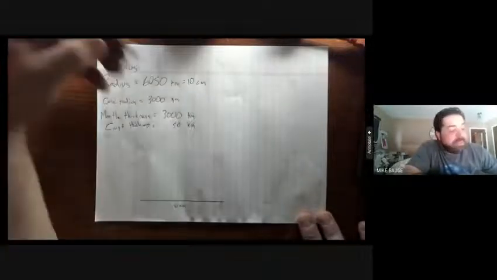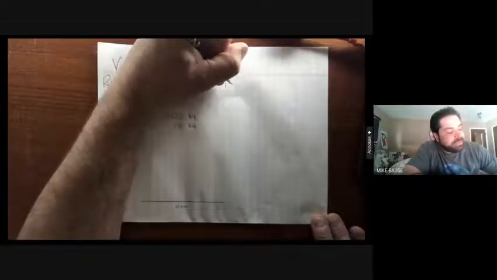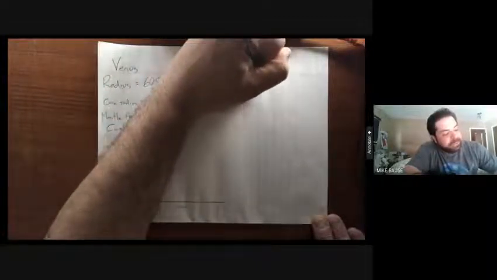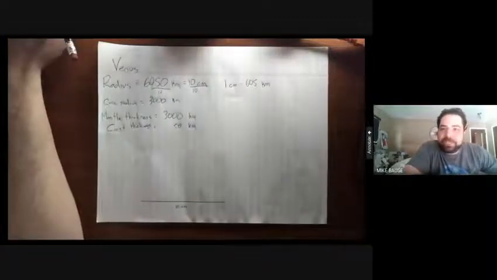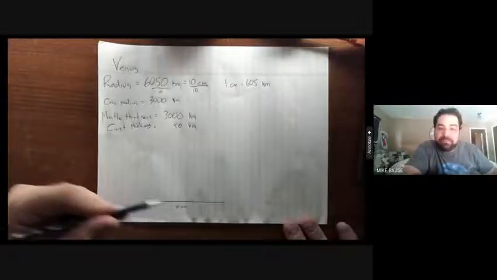I could say 6,050 kilometers equal to 10 centimeters, because this is a scale model. And if I wanted to solve for 1 centimeter, all I would have to do is divide both sides by 10. And what I end up getting is 1 centimeter equals 605 kilometers. That's my scale. So every time I move 1 centimeter, it's 605 kilometers.